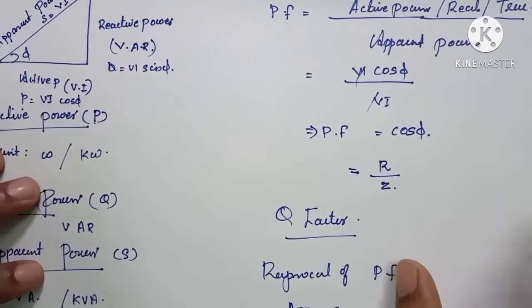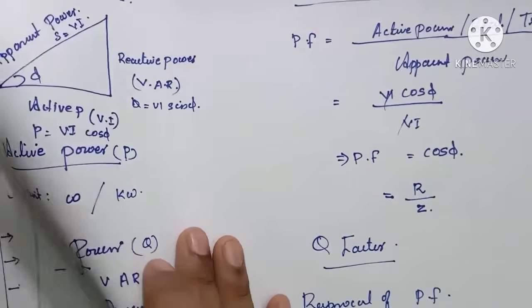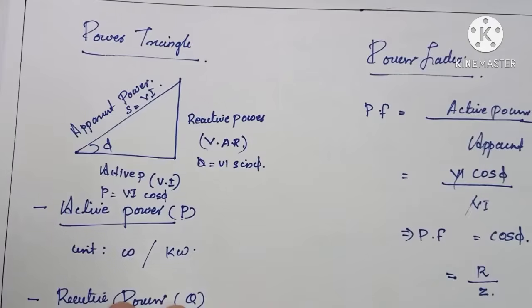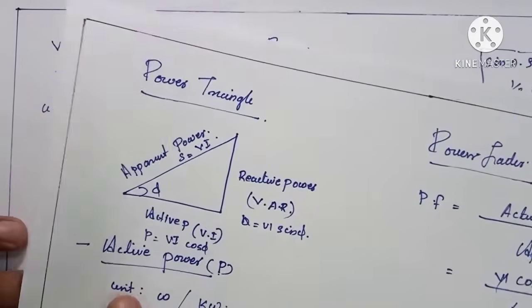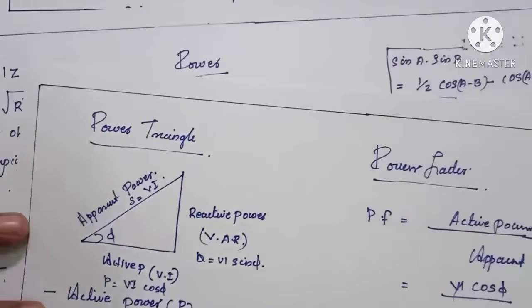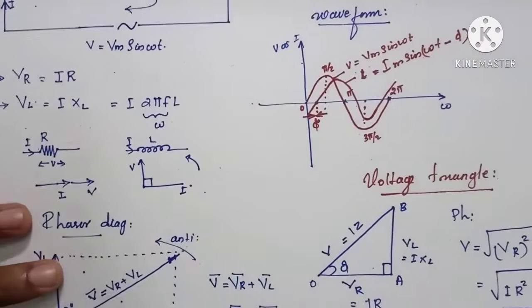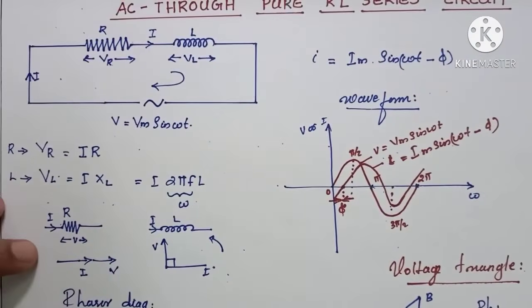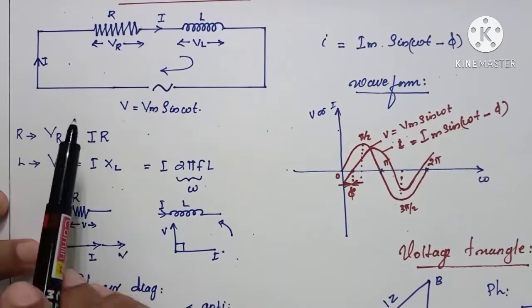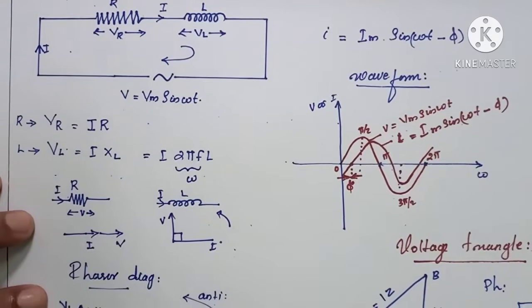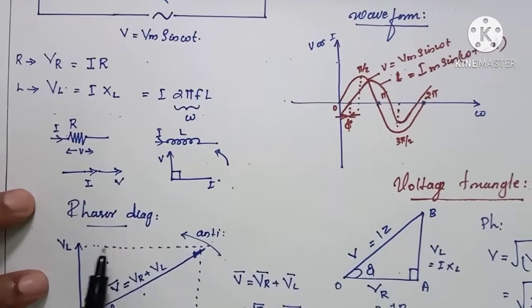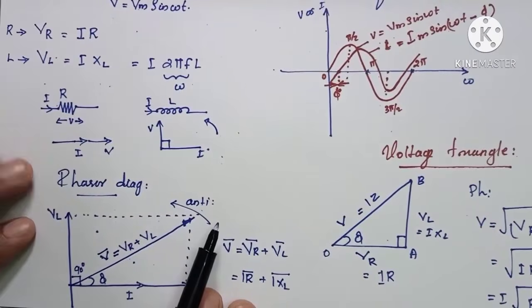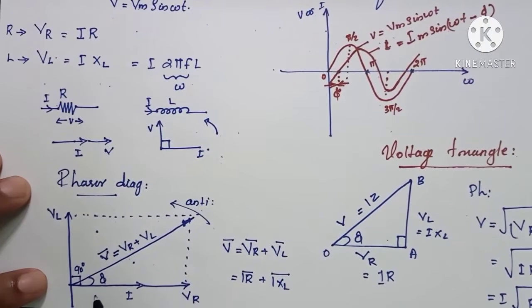Okay, these are the major points that we studied today. What are they? RL circuit, voltage across the resistor, inductor, and the phasor diagram. From this phasor diagram, it is very clear that the current is lagging here at an angle phi with the voltage.